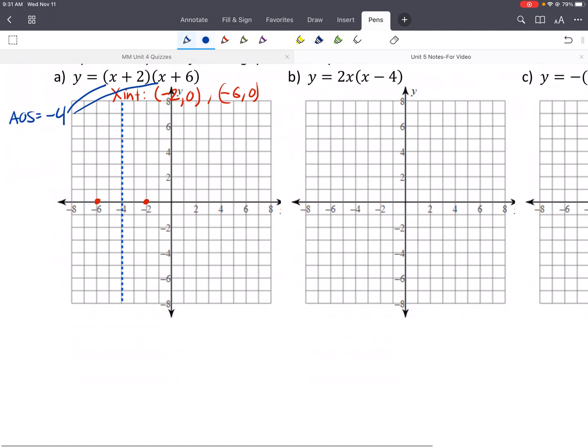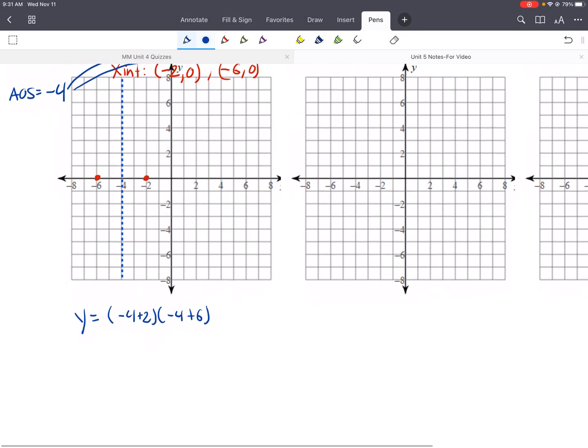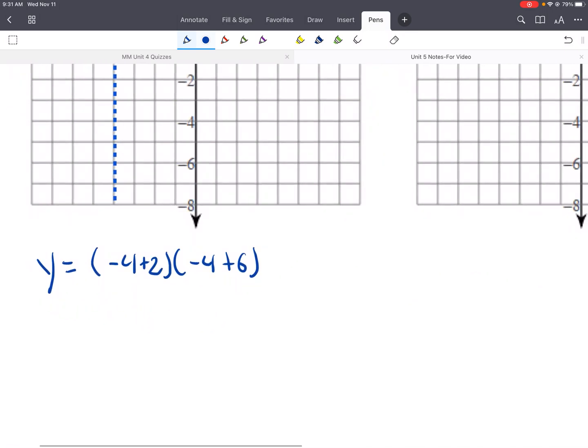Let me just remove down here. So we'll have y is equal to negative 4 plus 2 and negative 4 plus 6. And we'll just simplify it. You could just put it all in your calculator too, but we'd end up getting negative 2 and 2, or negative 4.